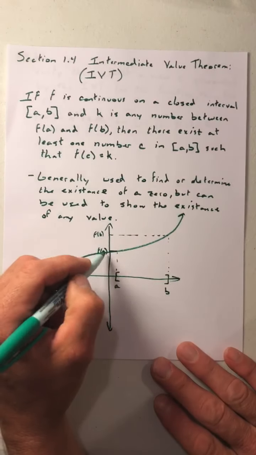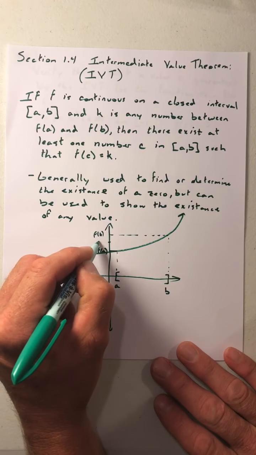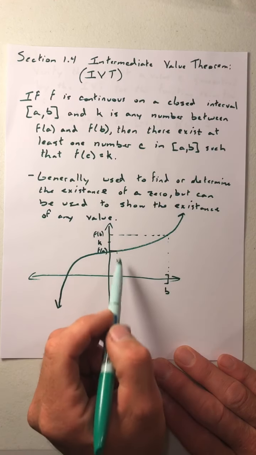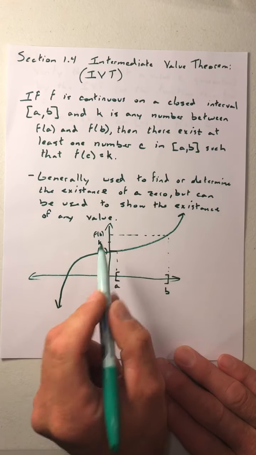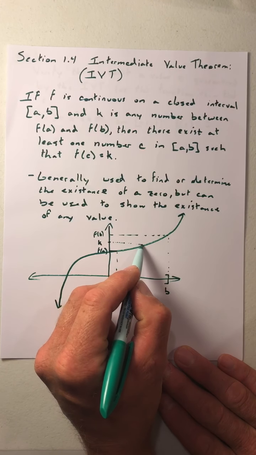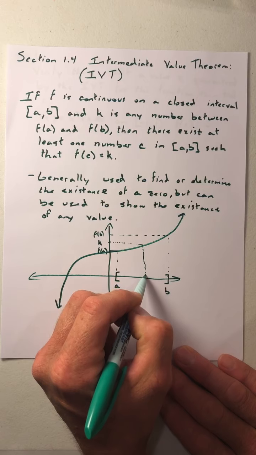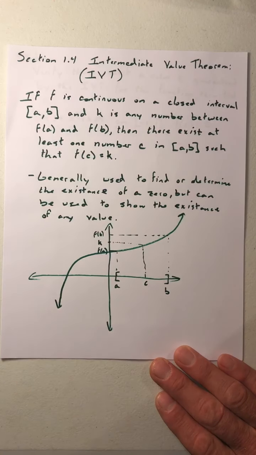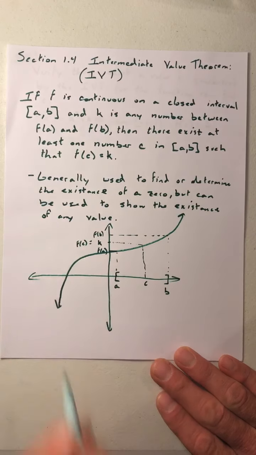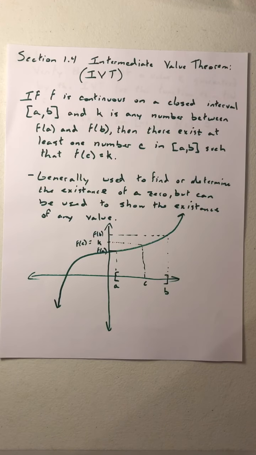So k is between f of a and f of b, so we'll call k there. Then there's going to be a value c that exists on that interval a to b such that f of c equals k. If I work my way backwards, my c value would be in there, so f of c would equal my k value.